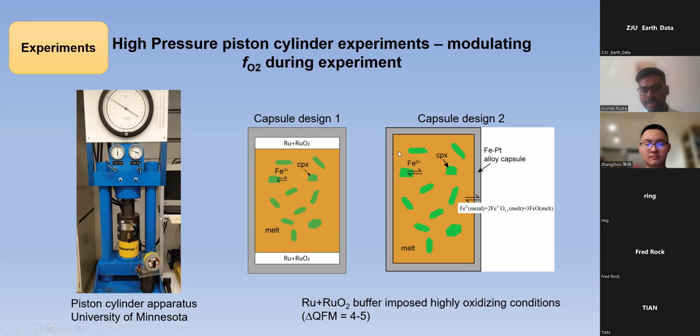So in a way, it's not totally buffered, but we know that this is the system where you have this particular amount of ferric iron. Therefore, it should have an oxygen fugacity of, let's say, delta QFM plus 1.